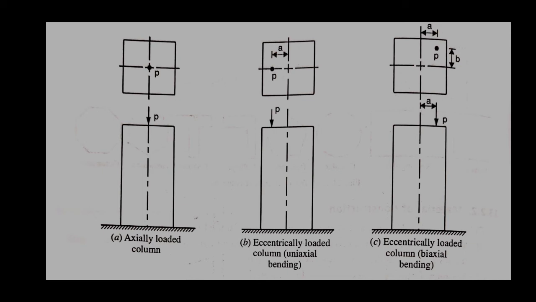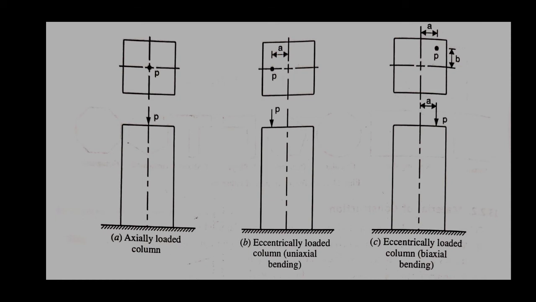Now, in the middle, figure B, eccentrically loaded column. Eccentrically loaded columns are those columns in which the loads do not act on the longitudinal axis of the column. They are subjected to direct compressive stress and bending stress both.